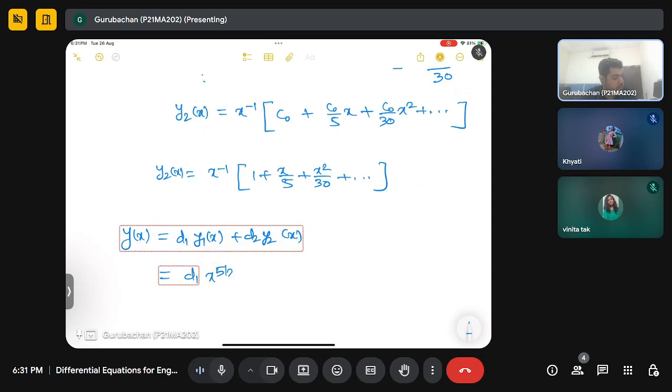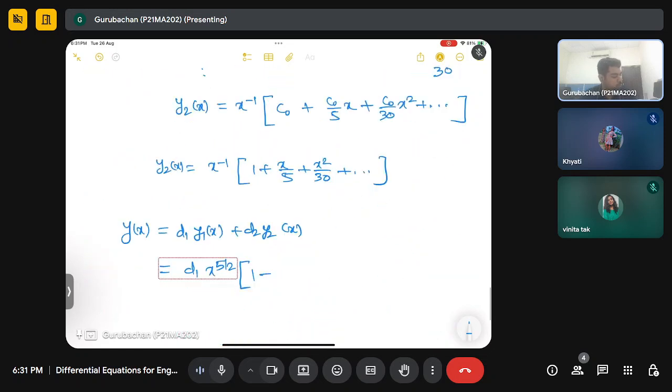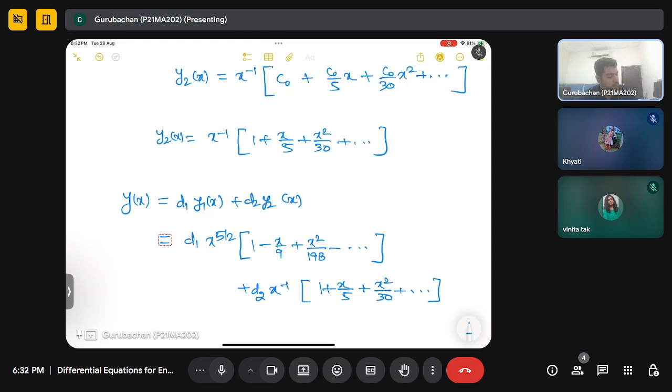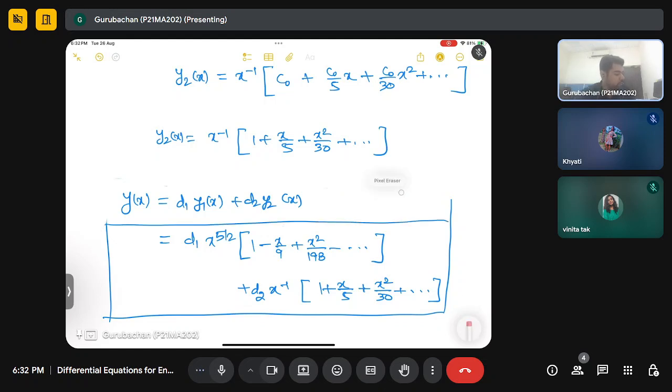It was x to the power 5/2, 1 minus x by 9 plus x squared by 198 and so on, plus d2 x to the power minus 1, 1 plus x by 5 plus x squared by 30. This is your final general solution.